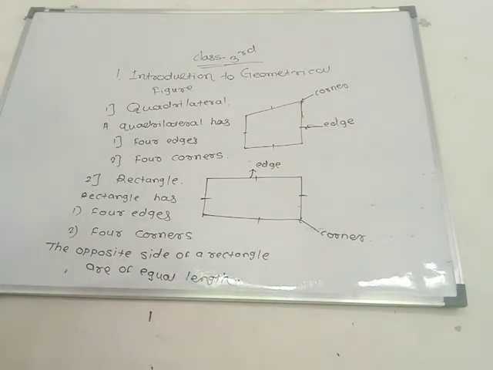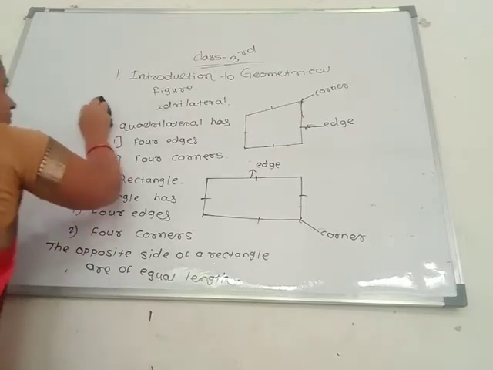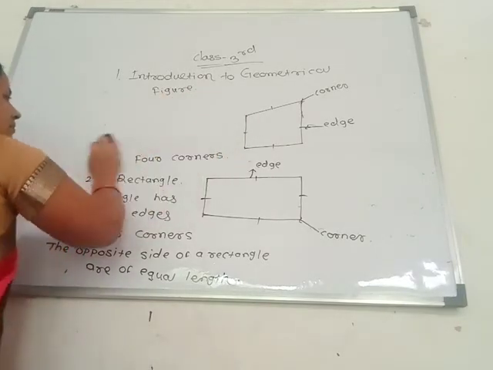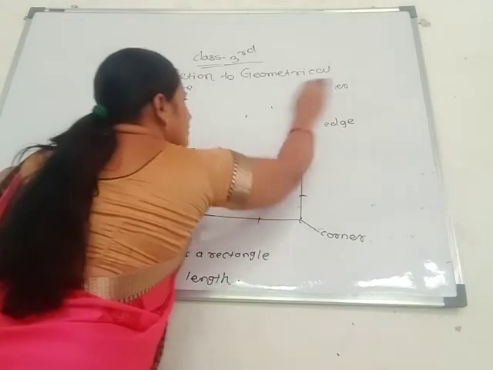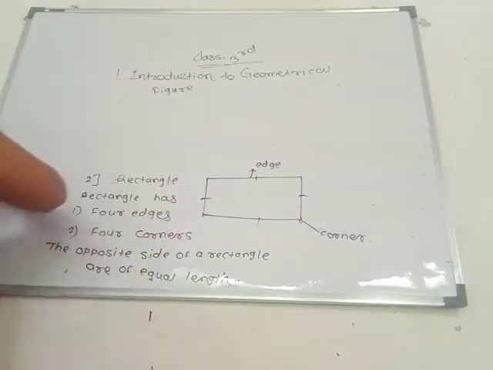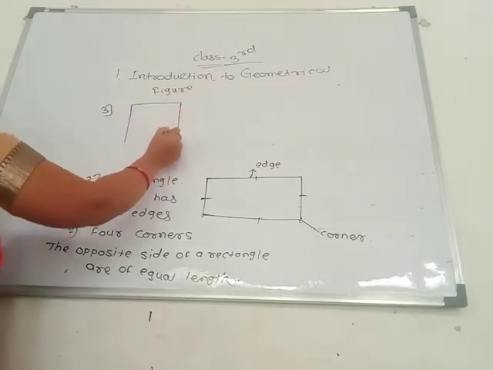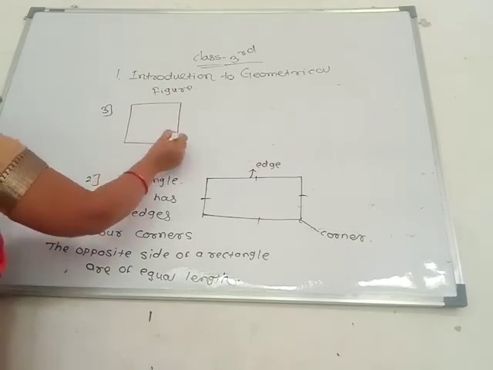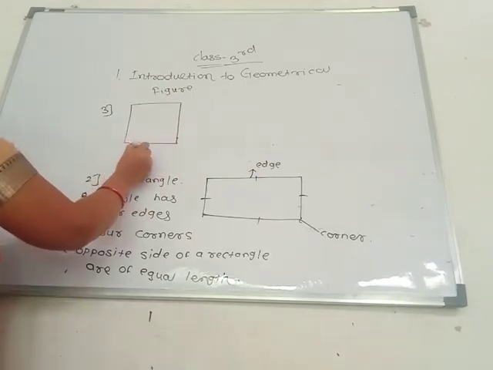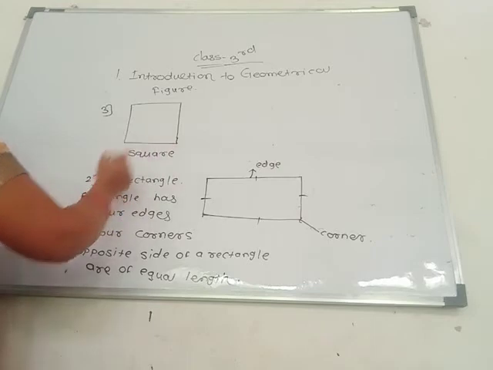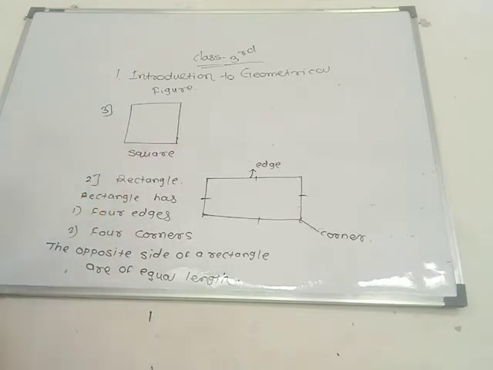Then the next figure, square. You write here, a square has 4 edges and 4 corners.